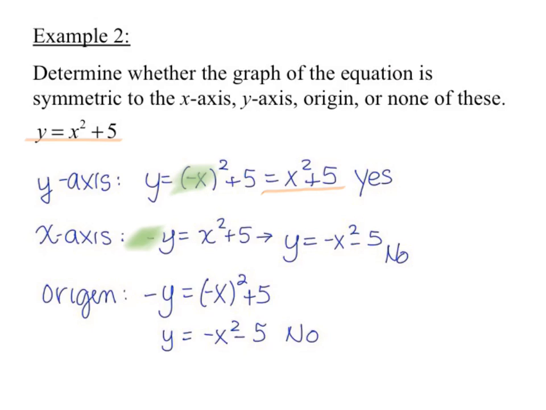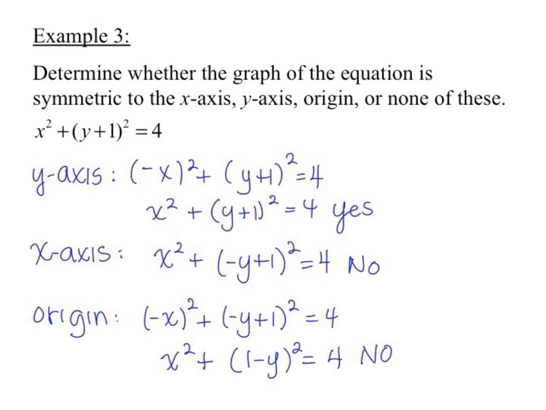If we do both things, when we take away the parentheses, we have negative y equals positive x squared plus 5, and we're going to multiply everything by negative 1, so we end up with just a positive y. So that's going to be negative x squared minus 5, and so no, that's not symmetric. So the only symmetry this has is y-axis symmetry.